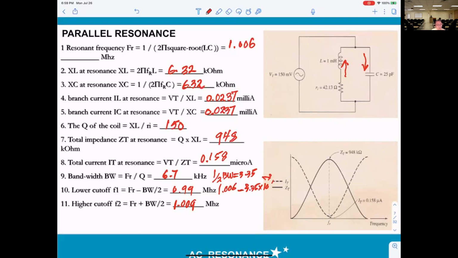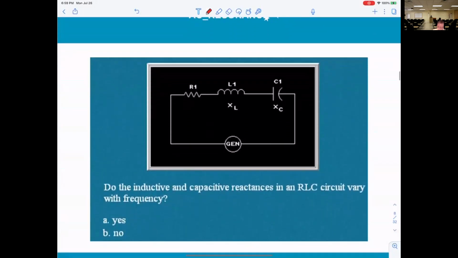When I give you the quiz or the test, I give you the formula. I try to make sure that you understand. I don't ask you to memorize the formula. Okay.